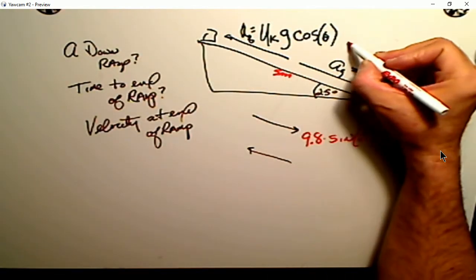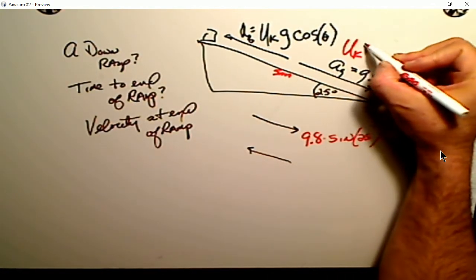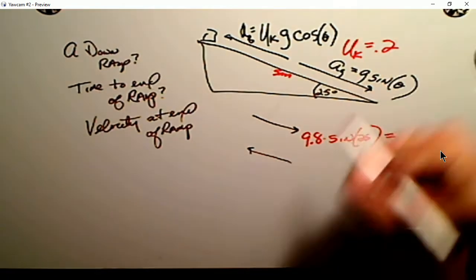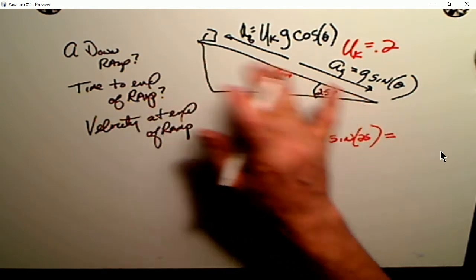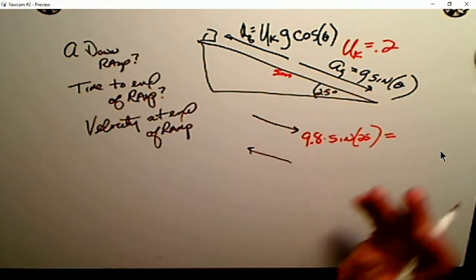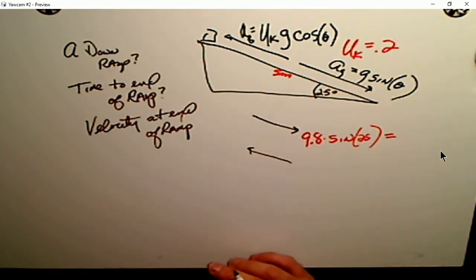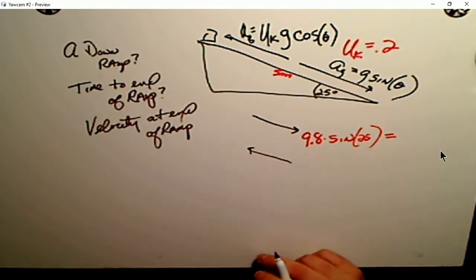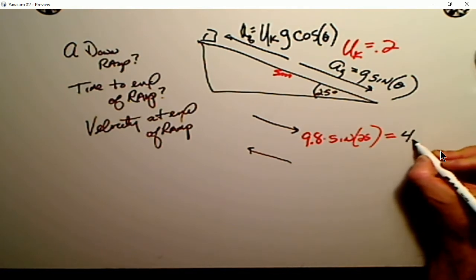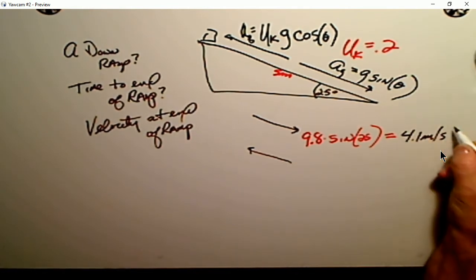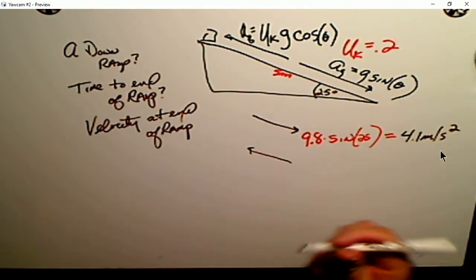Let's say the coefficient of kinetic friction is equal to 0.2. If there was no friction, it would just go down this ramp and it would just be the acceleration due to gravity, this number here. If you did that calculation, you'll get 4.1 meters per second squared. But let me continue on where I was.